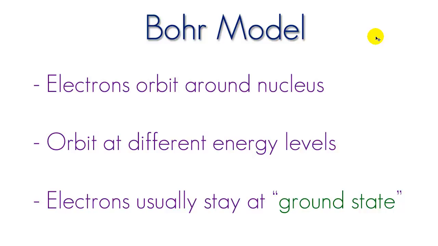So pretty much he's saying, okay, an electron can be in these areas, but they can't be in between. And the last thing he said is electrons usually chill at something called the ground state, or the shell or level closest to the nucleus. However, an electron can absorb some energy and jump up to an excited state.